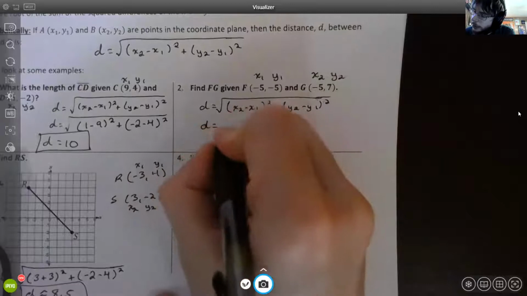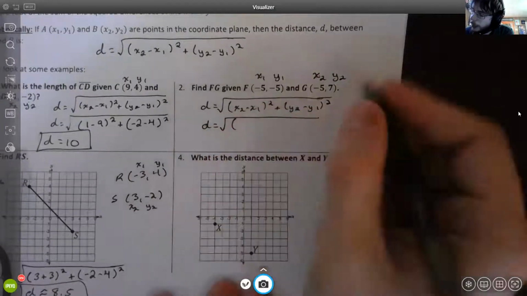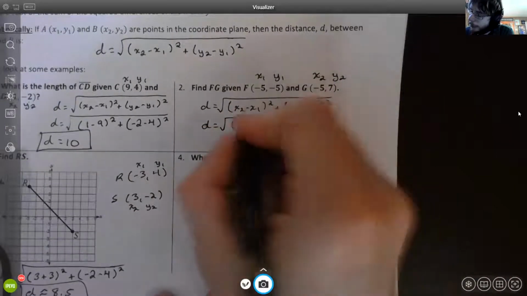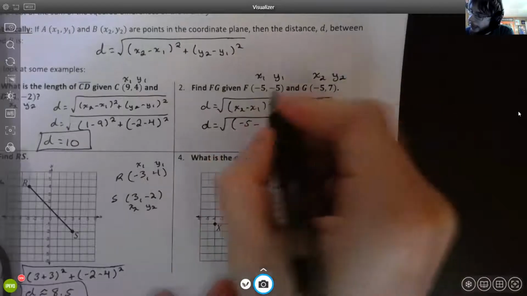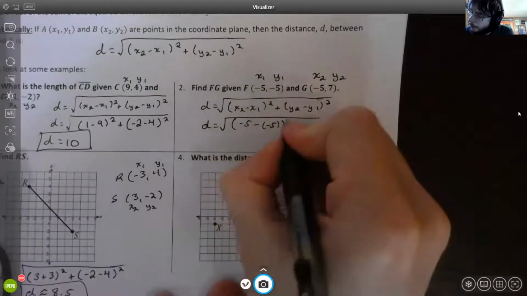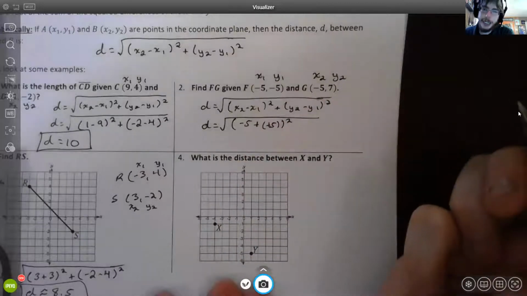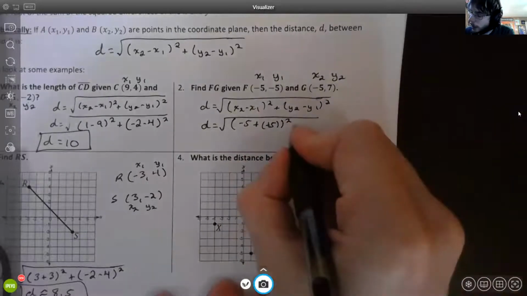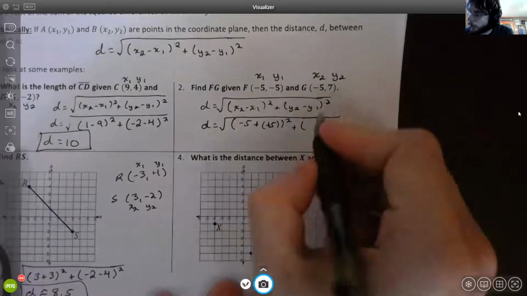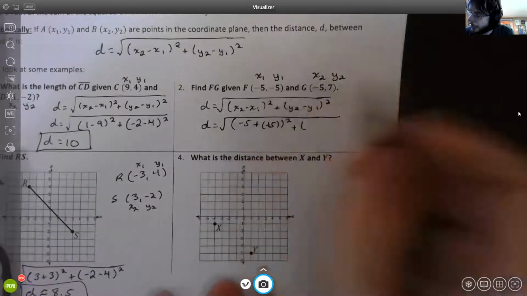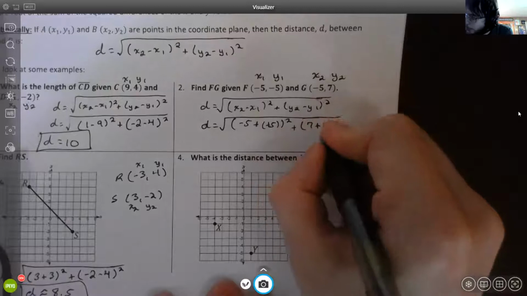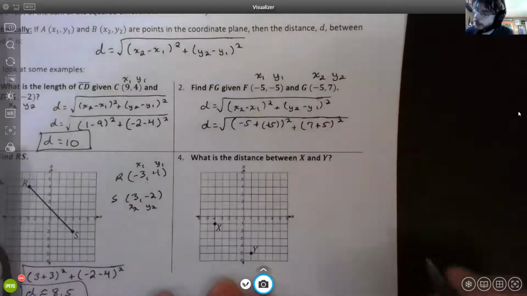So D is equal to the square root of -5 minus -5 squared. The negative becomes a positive because you're subtracting it. Then plus Y2 minus Y1 squared, so that would be 7 minus -5, so that would be 7 plus 5 squared.